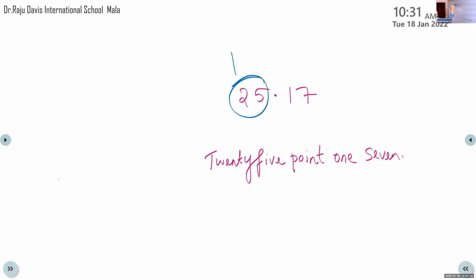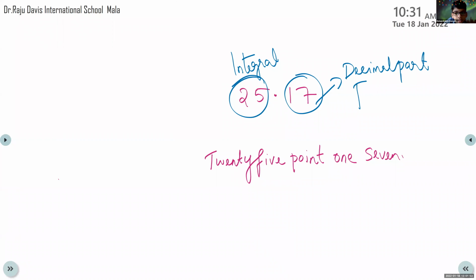So this is the integral part, and the integral part is also known as the whole number. Irene, what is this 17? We can say this is the decimal part, and the decimal part is also known as the fractional part.